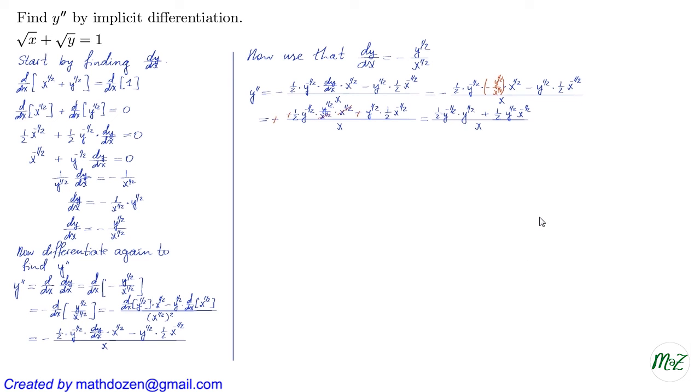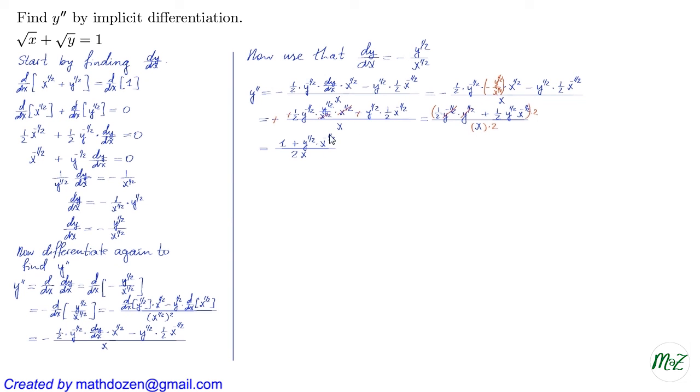So then we have this expression, and then again y to the negative 1/2 power. Okay, so we're going to multiply by 2 so that there are no 1/2s in here, but then y to the negative 1/2 power times y to the positive 1/2 power cancel each other out. So all in all, we're looking at the expression 1 plus y to the 1/2 power times x to the negative 1/2 power divided by 2x.